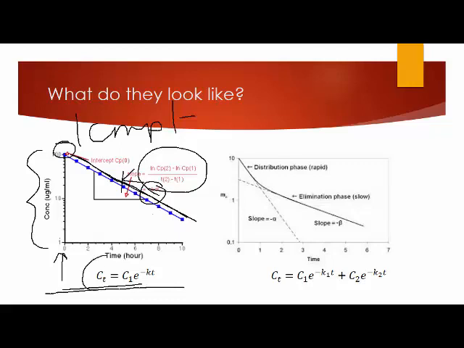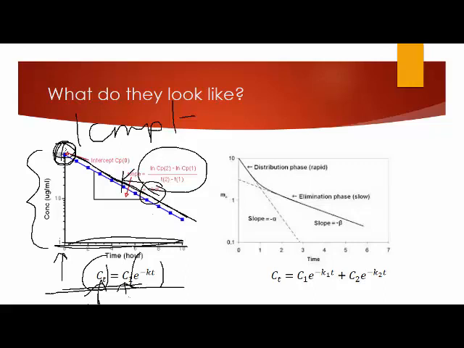So the concentration at any time t along here can be determined if you know one concentration, which is C0, or the larger concentration, C1. Ct happens after C1 or C0, whatever you want to call it, times e to the negative kt.